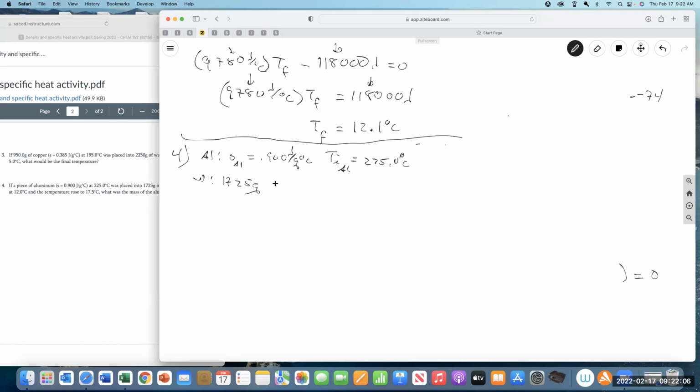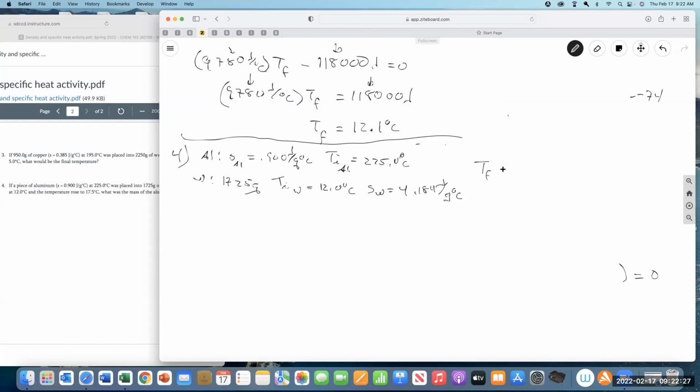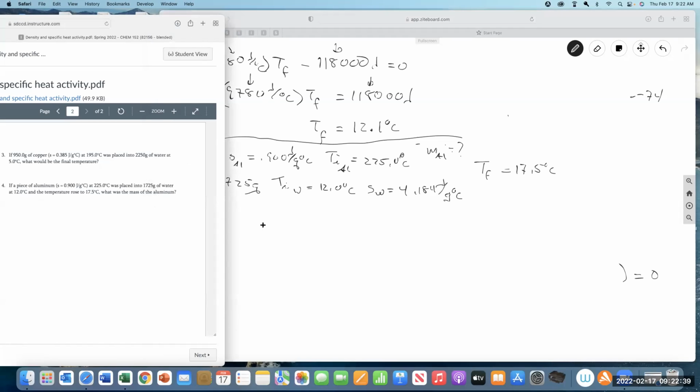All right, we have TI of the water is 12 degrees C. We have, of course, the specific heat of water. And then we're told the final temperature, TF, for everything is 17.5. So we're trying to find the mass of the aluminum. Right? It says, what is the mass of the aluminum?